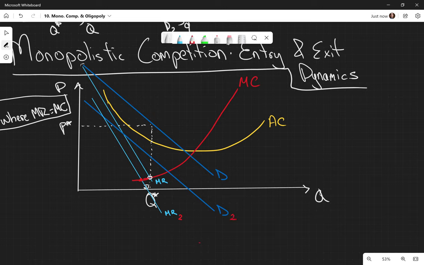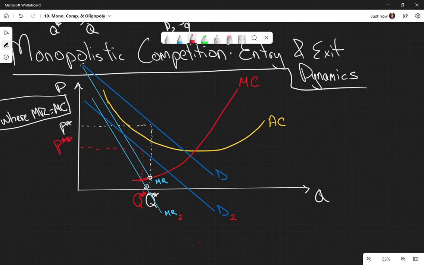Now we're going to find, let's just stick with red just so it's different, we're going to find Q double star. And then we're going to go up to the demand curve, my D2 now, and this is going to tell me my price.